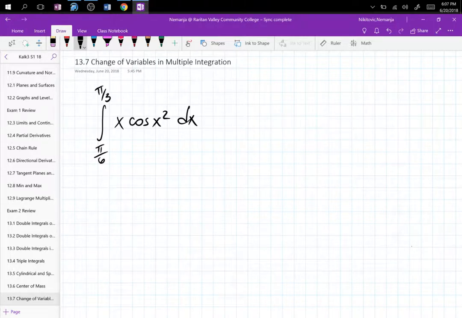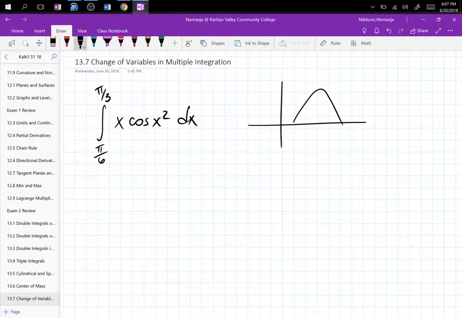Please understand here that you are looking for area under the curve, which is given by this function, and the function is in terms of x. So whatever the graph for this function is, and I'm just going to draw whatever, let's say this is the graph, we are looking for this area.